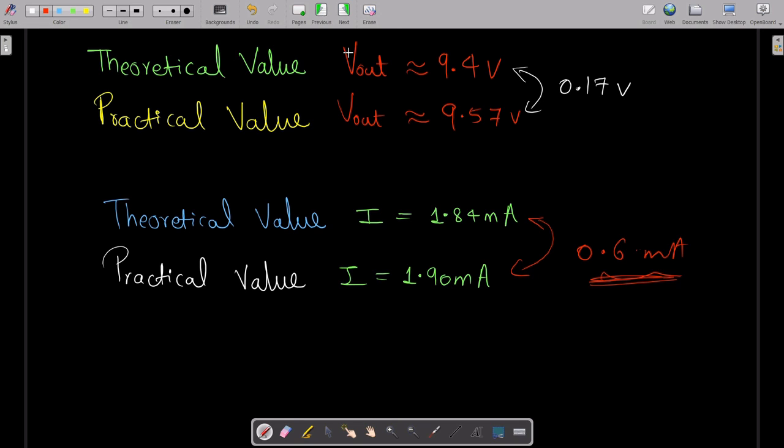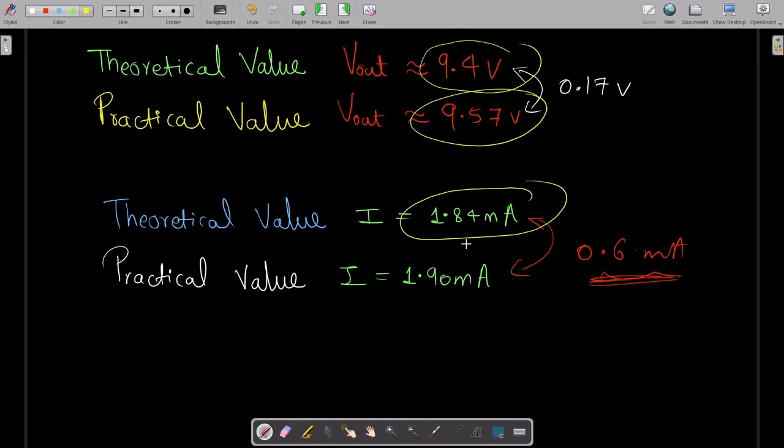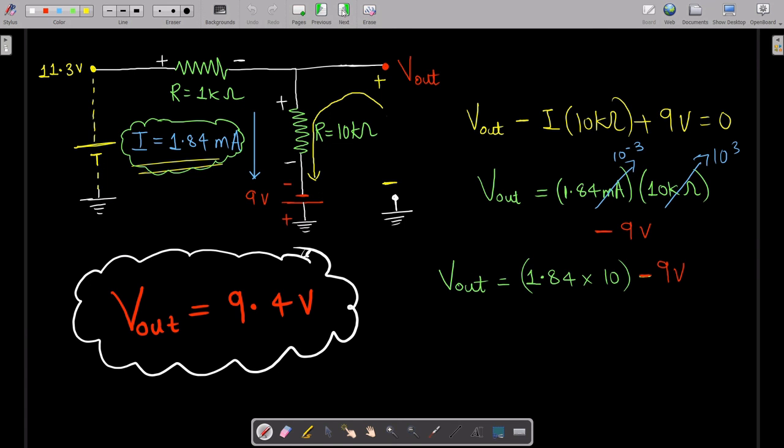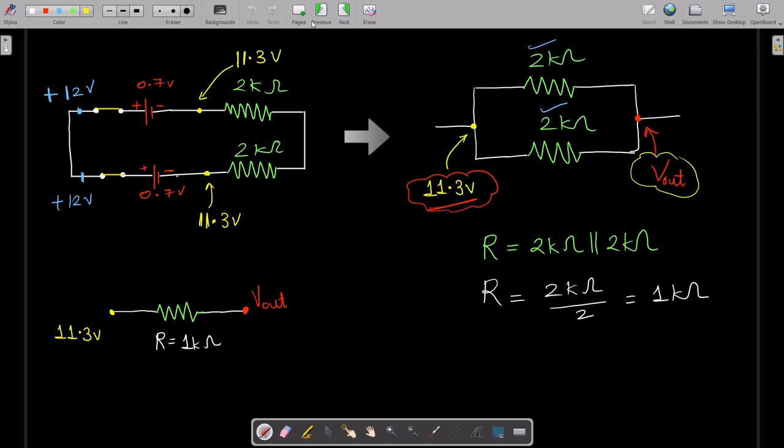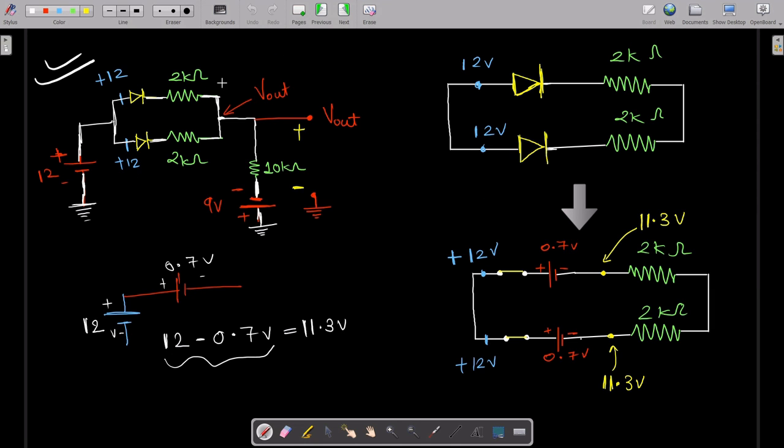As you can see, the values are almost similar, both for the voltage and for the current. That means we can conclude that we solved this numerical correctly, and most importantly, we are able to find out the output voltage. At the same time we are able to learn the diode circuits, how the diodes are behaving, and the diodes played a very crucial role.